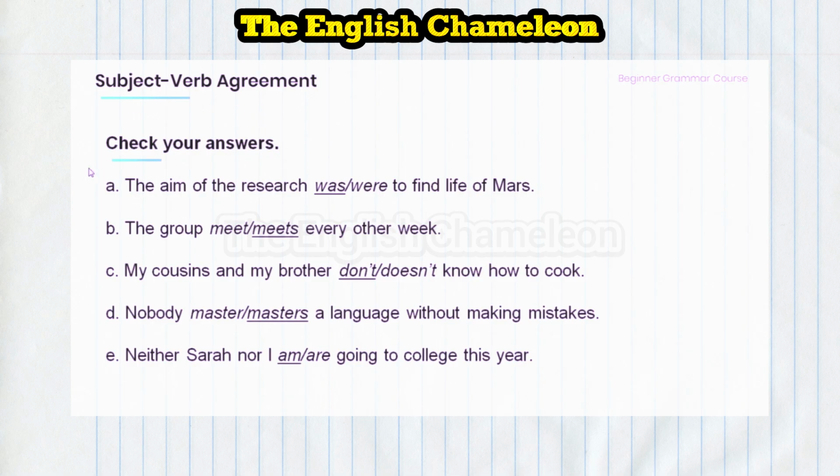Now let's check your answers. The aim of the research was to find life on Mars. The group meets every other week. My cousins and my brother don't know how to cook. Nobody masters a language without making mistakes. Neither Sarah nor I am going to college this year.